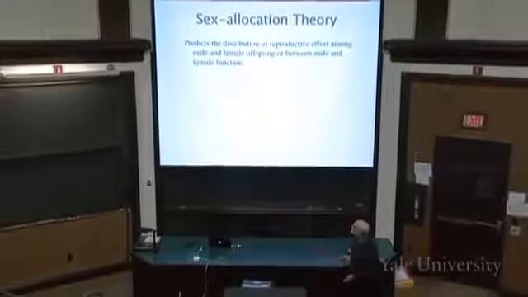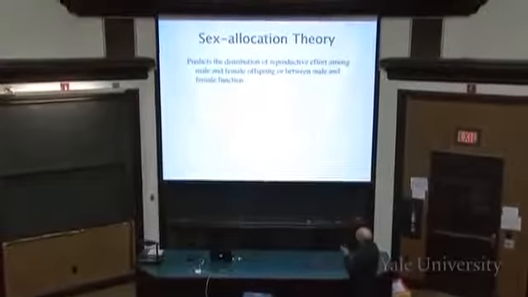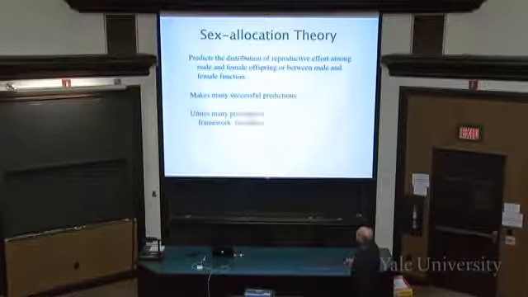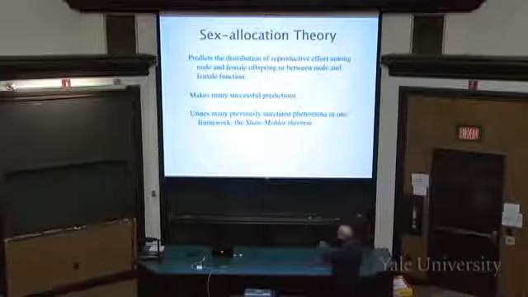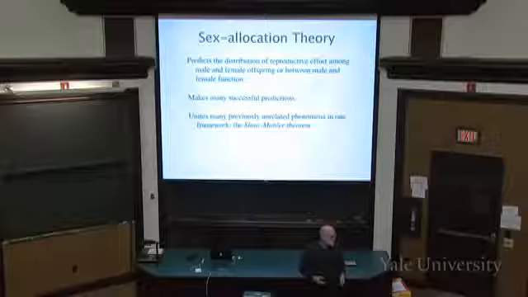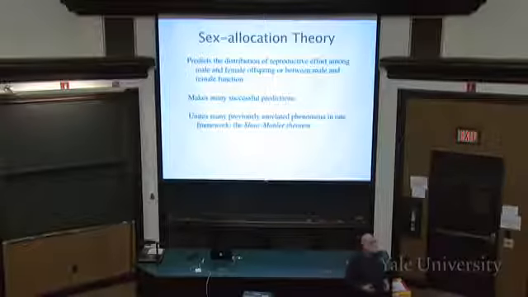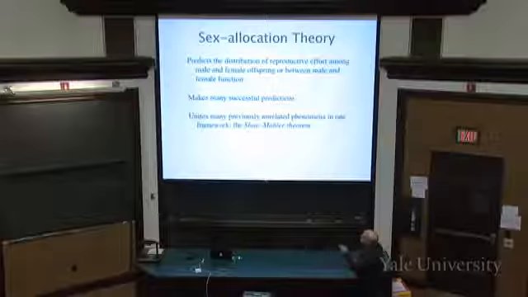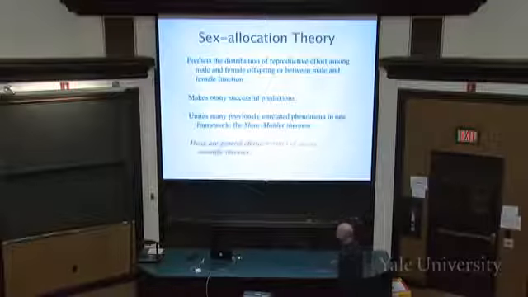So, sex allocation theory is actually a part of evolutionary ecology which has been extremely successful. It predicts the distribution of reproductive effort among male and female offspring or between male and female function. It makes a lot of successful predictions. There is a theorem at the heart of this part of biology called the Shaw-Mohler theorem, which is very general in the way it's formulated, and it unites many previously unrelated phenomena.